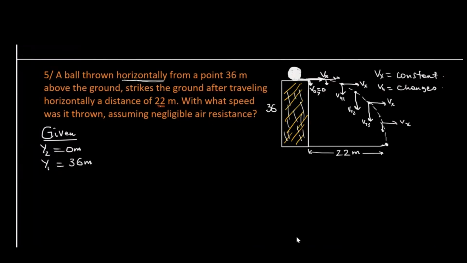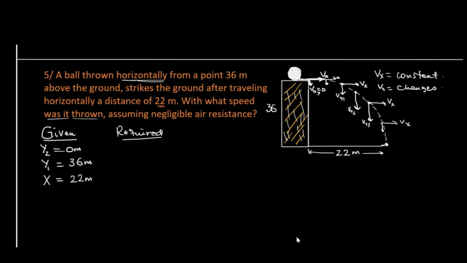All right, excellent. Now the other important given is x, the horizontal distance, which is given as 22 meters. And then what is asked? Okay, required. What is asked in this problem? It's required to calculate with what speed it was thrown.